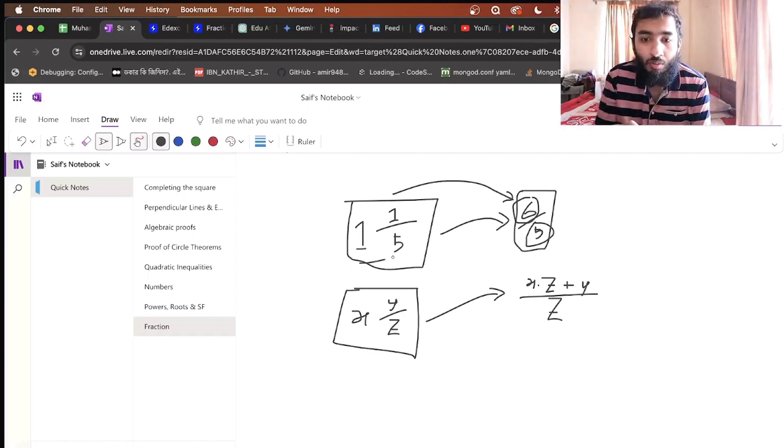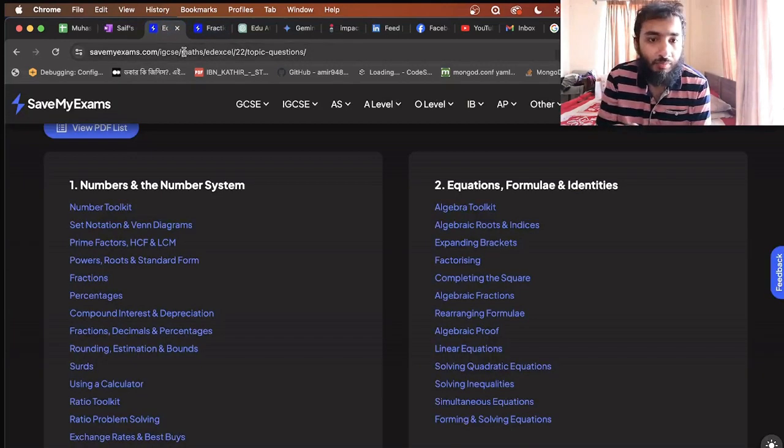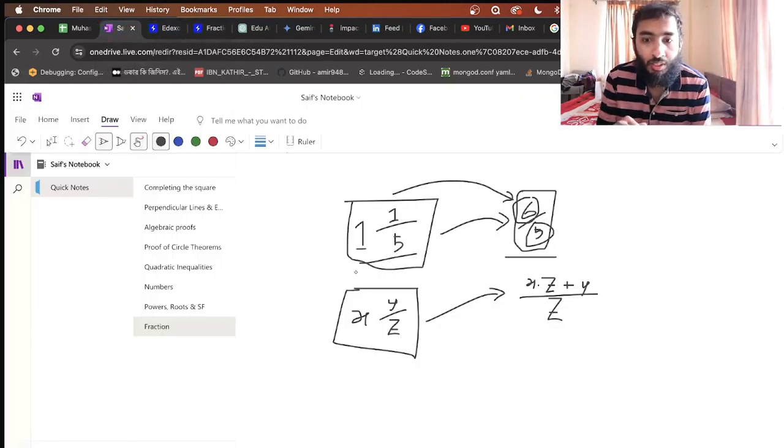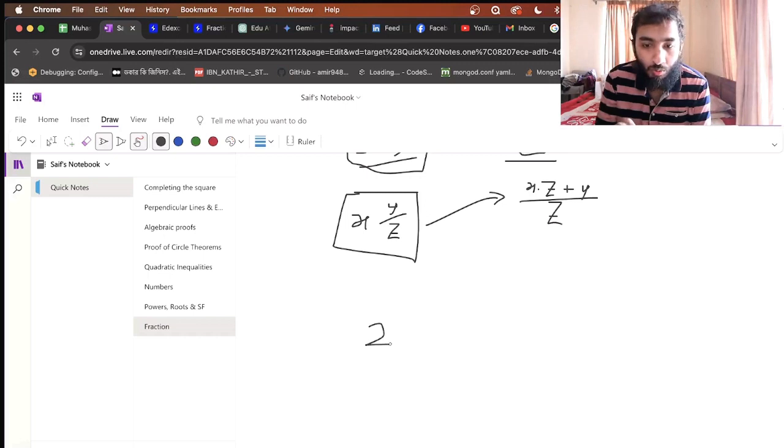So 1 1 by 5 is represented as 6 by 5. And what is 2 1 by 3 represented as? It is 2 multiplied by 3 plus 1, 6 plus 1, which is 7 by 3.